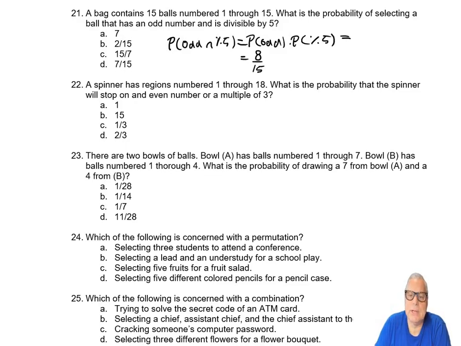What's the probability that it's divisible by 5? So that's 5, 10, and 15. So those are 3 out of 15.